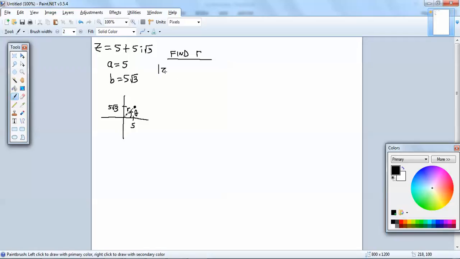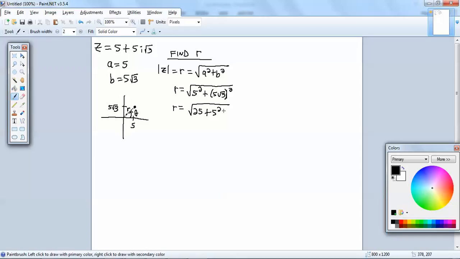And r is the same as the modulus of z, and that's given by this formula, square root of a squared plus b squared. So we're going to have 5 squared plus 5 square root of 3 squared. In here, we'll apply the second power to the 5 and to the square root of 3.